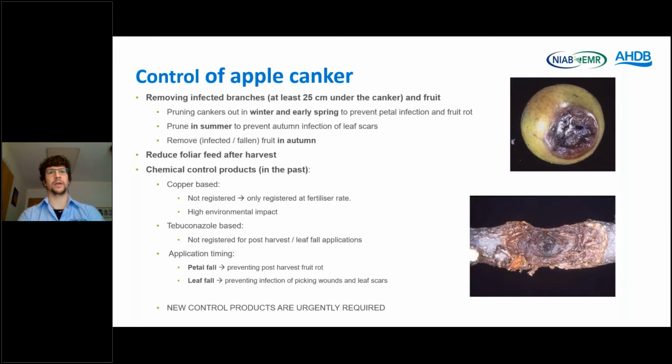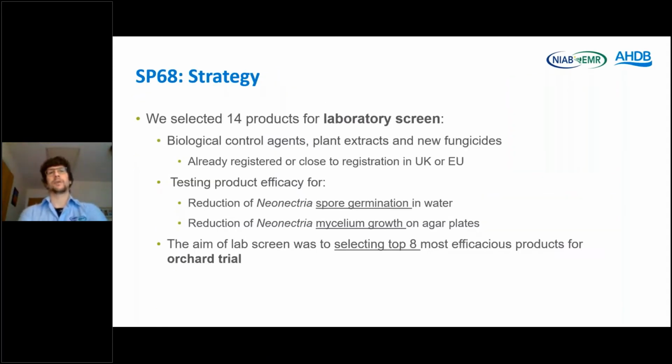Now, since none of these are registered for, let's say, picking and pruning wounds in the autumn, or leaf scars, we really need new products to control canker. And that's what we're here for.